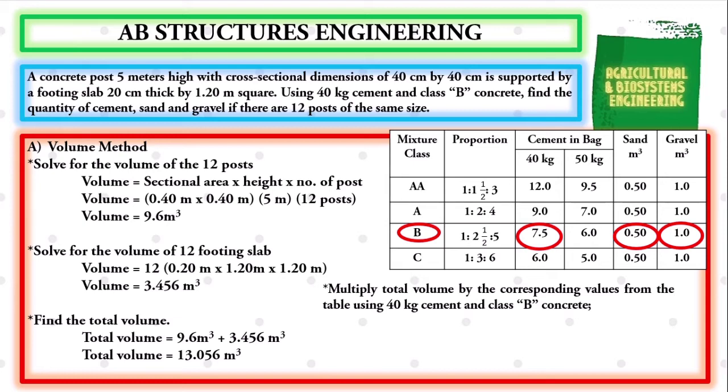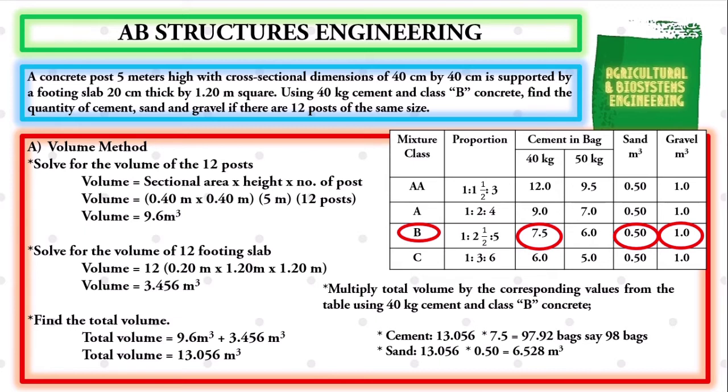We begin solving the value of our cement. We have the total volume of 13.056 times the cement value of 7.5, giving us the quantity for cement to be 97.92 bags or say 98 bags. Next, the sand.